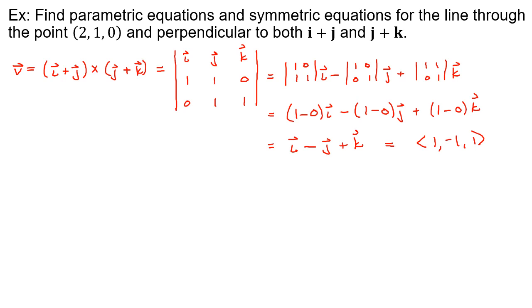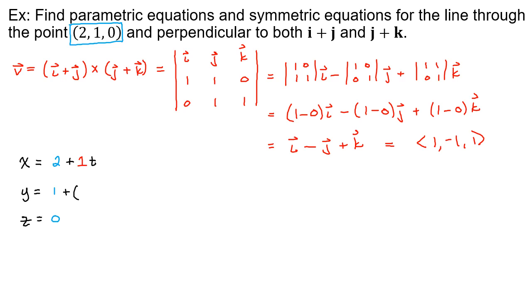So if I want to find my parametric equations first, I need a point, which I have. There's my point. I have a vector v. And so my parametric equations would be x, y, and z. You would list the point first. 2, 1, 0. Then I'd have plus 1t. So there's a 1 from the vector times t.